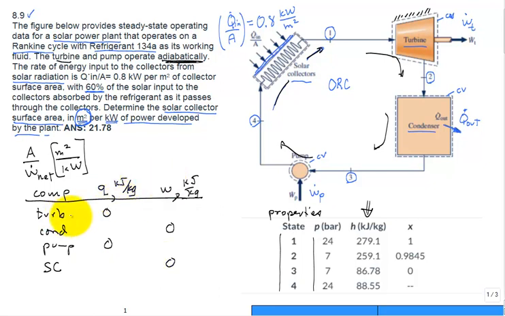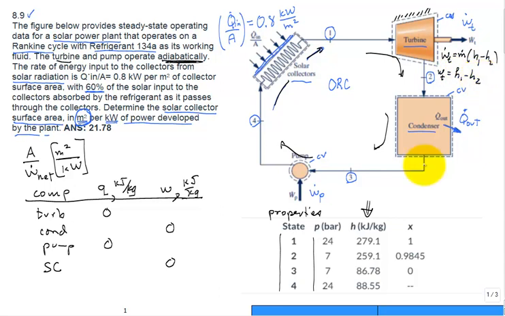If we do a first law for the power out of the turbine, it's equal to the mass flow rate through the turbine times the enthalpy coming in at state 1 minus the enthalpy going out at state 2. Hence, the lowercase w of the turbine, which is W dot divided by m dot, is just equal to the enthalpy change, h1 minus h2.